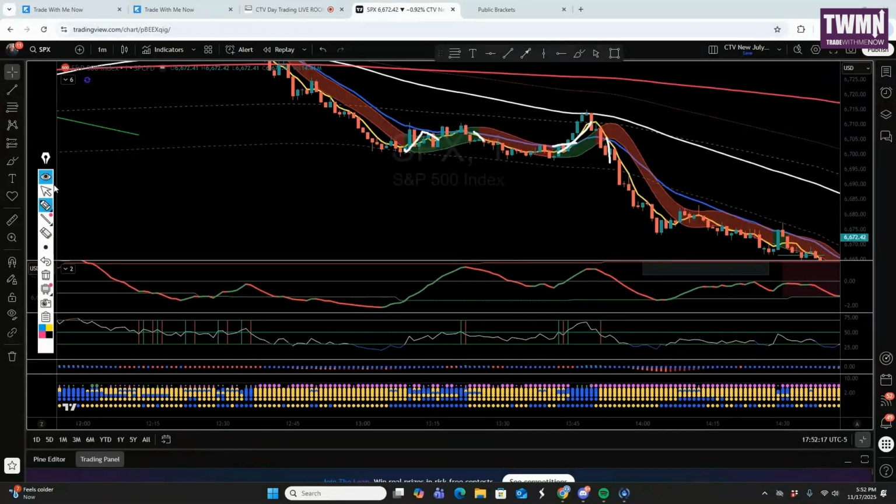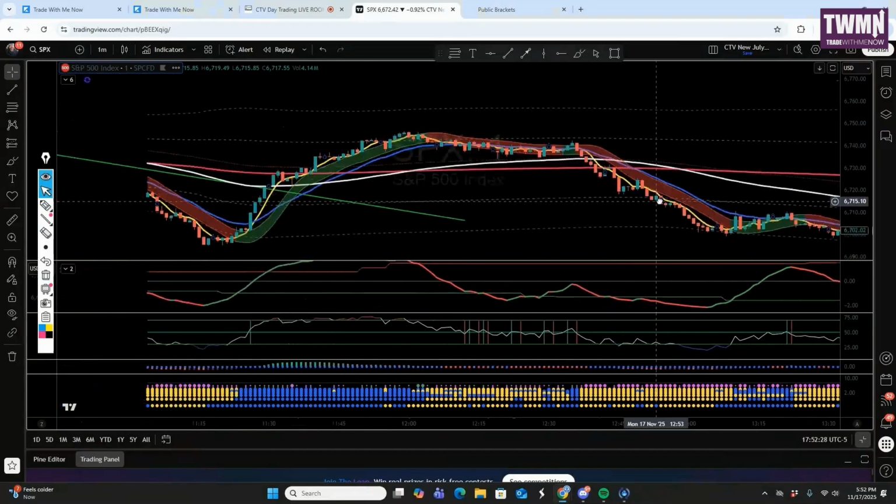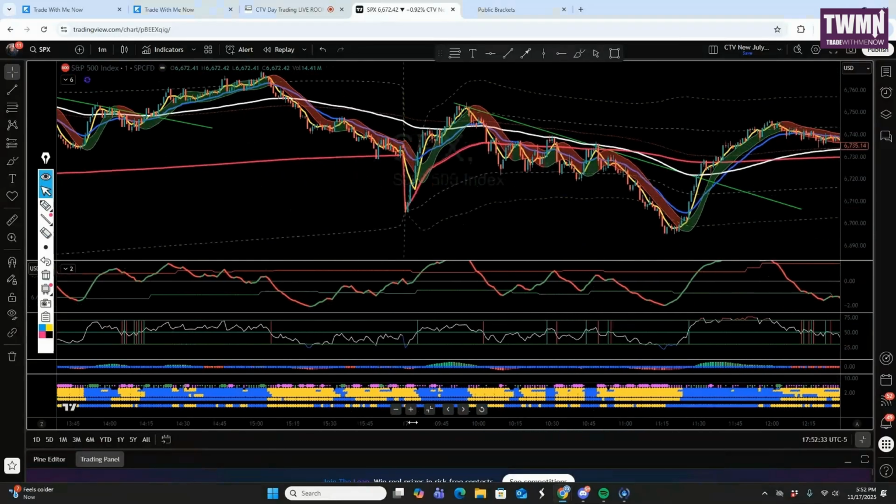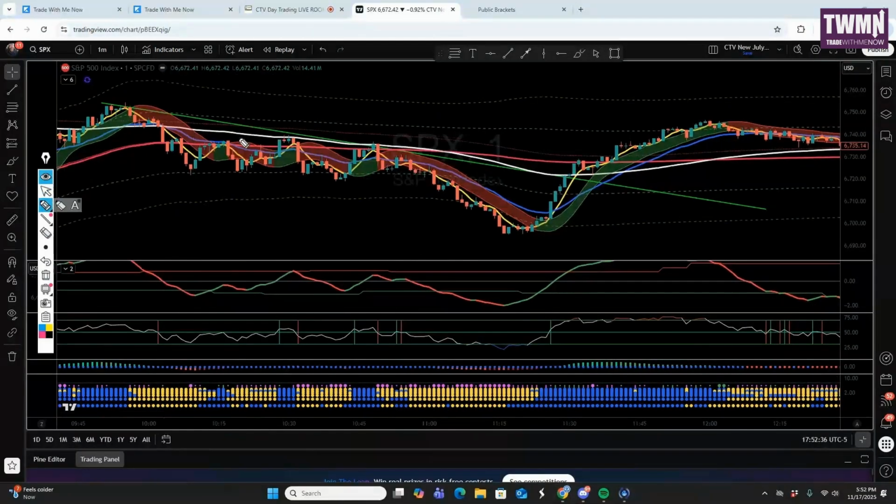That's probably a win. So 2 false entries and then a winner. Change, lose, change, lose, change, lose, change, lose, change, lose, change, finally win.